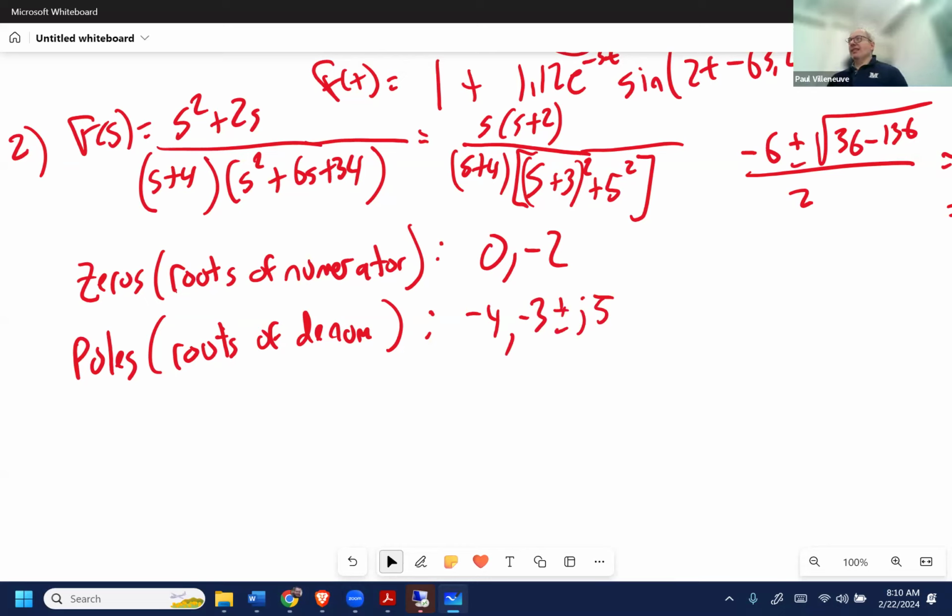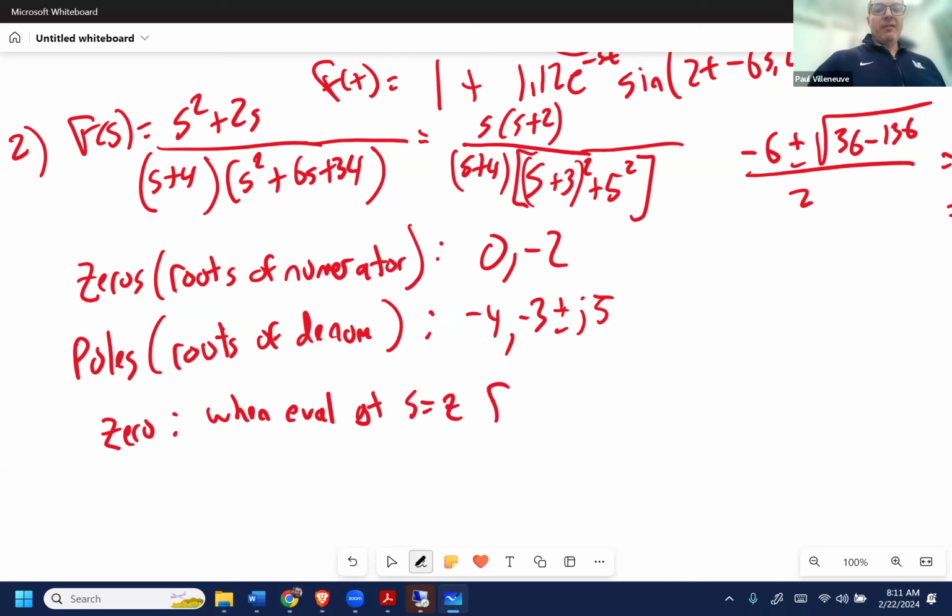Everybody agree with that? Well, what's the definition of a zero? A zero is not the roots of the numerator exclusively. A zero is when, evaluated at s equals 0, f of s equals 0, right? It's not just the roots.